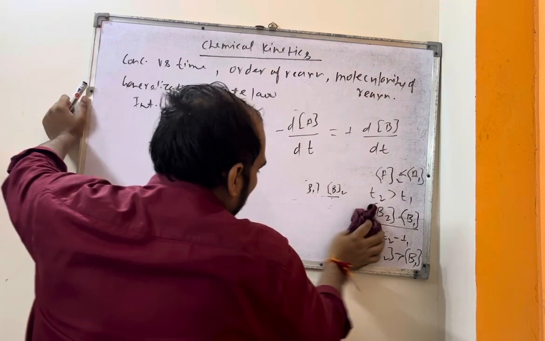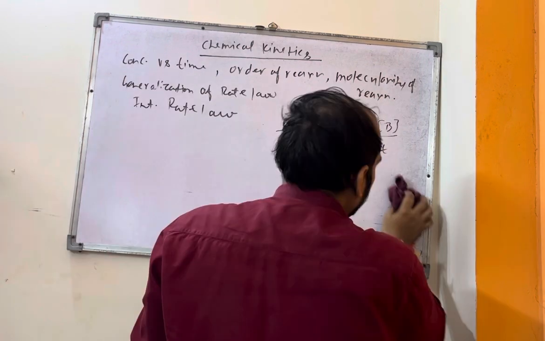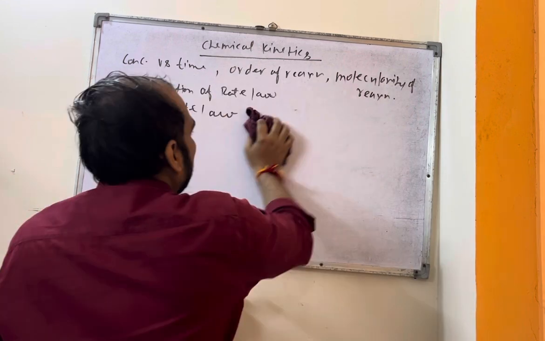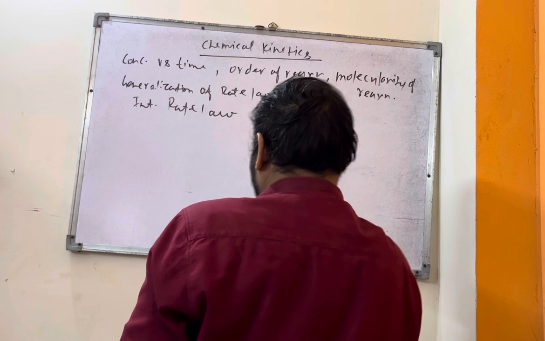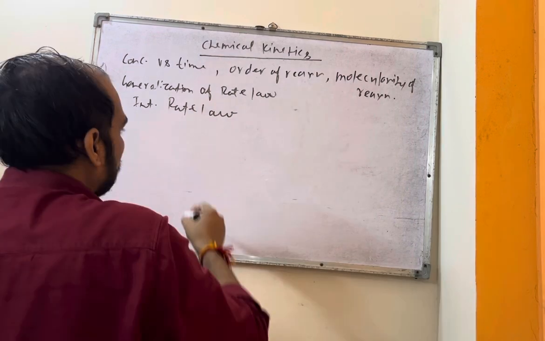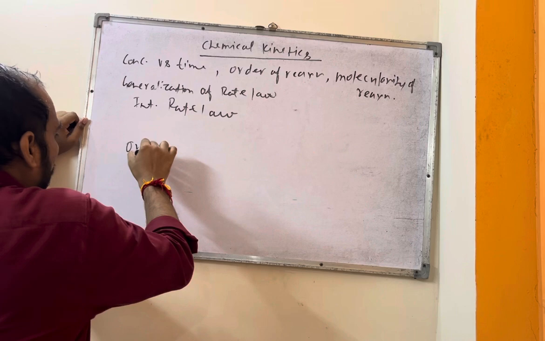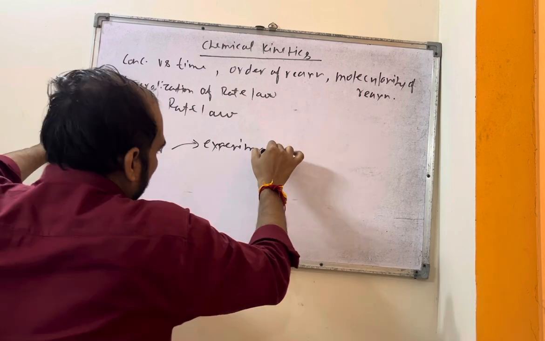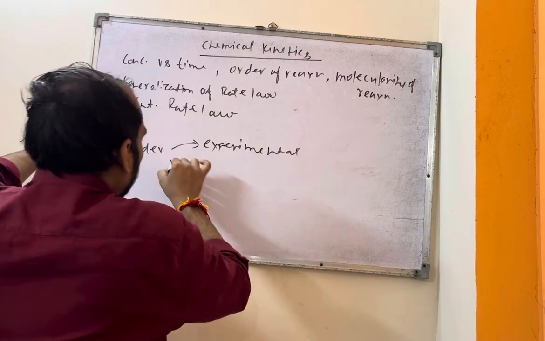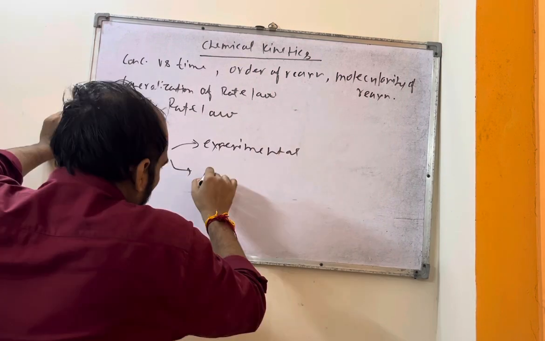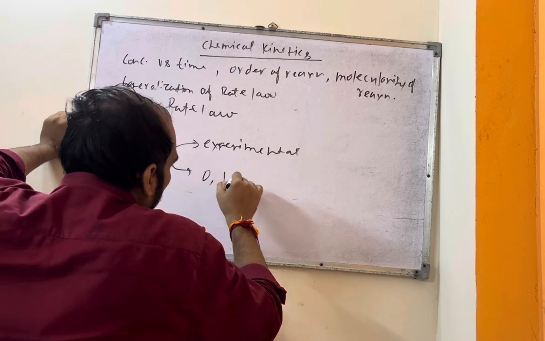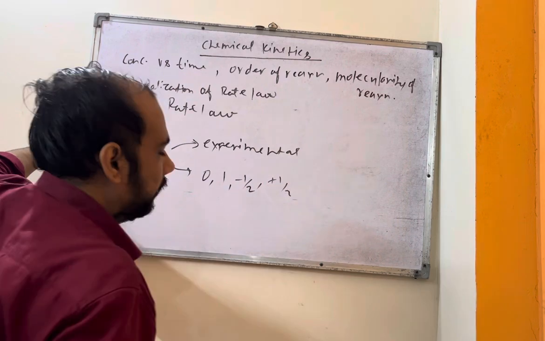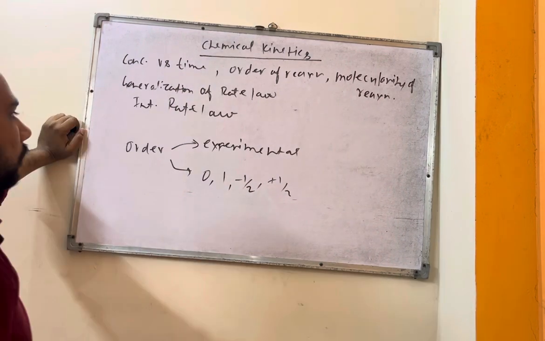Order of reaction is basically an experimental quantity, what we are going to measure. It can be 0, 1, minus half, plus half, fractional, and all that.